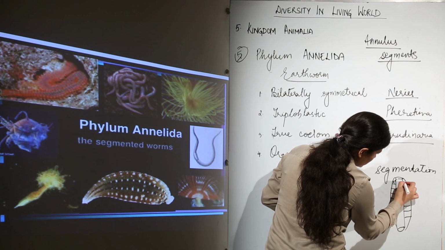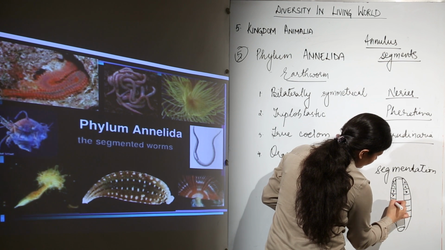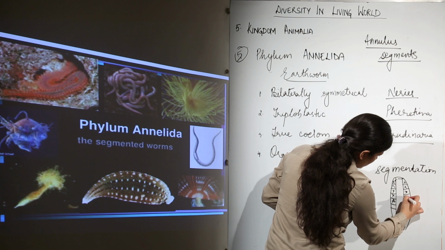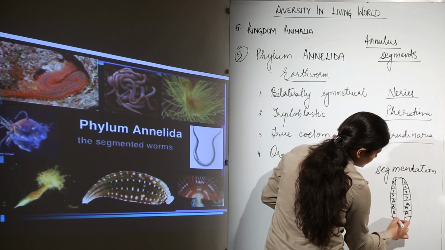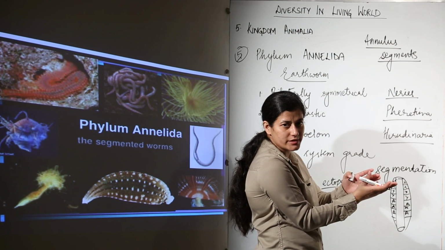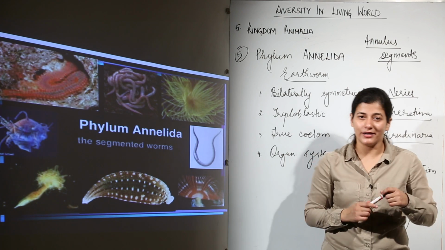Now supposedly there is organ X, there is organ X, then here we have organ Y. Okay, so this is the concept of segmentation, that the body is divided into segments and organs are arranged accordingly. So this is all you have to know about phylum Annelida.